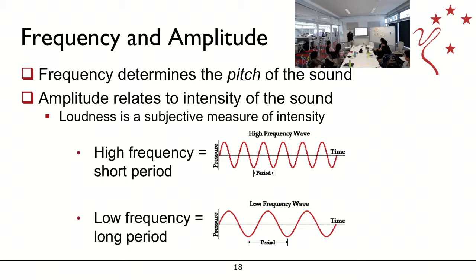So that's a change in frequency, right? The pitch has changed because the frequency has changed. And amplitude is the intensity. Here it's the same pitch, but the intensity has changed, so the amplitude has changed.